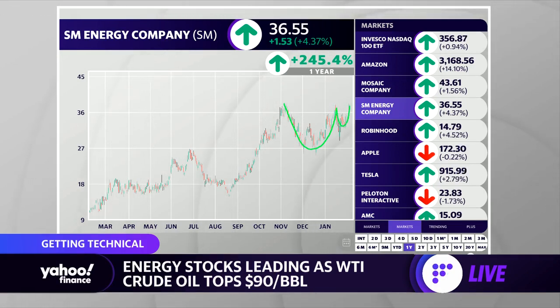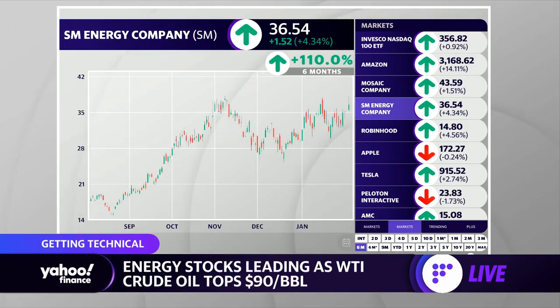It's trying to break out of a cup with handle today. 37 and 38 is the resistance area, and this is another stock that's right around the 52-week highs. So it's a steady uptrend, taking a break, and trying to emerge out of this pattern to resume the uptrend. This is yet another one that's overall good technical action.